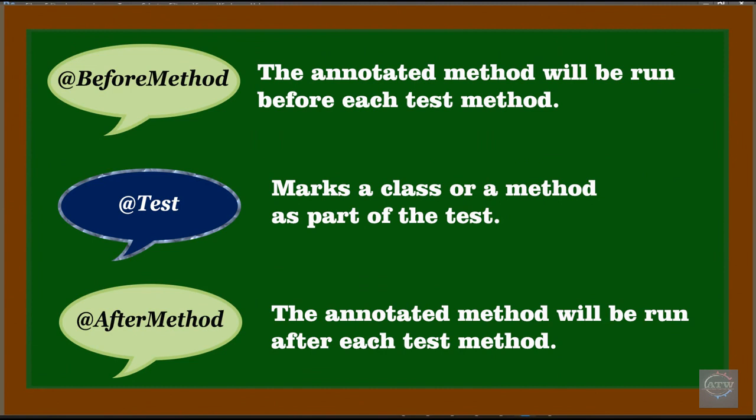Whatever is inside it, that's what I'm going to validate, and this will come as a result for you. And the sixth one is after method. This annotated method will be run after each test method. See, test is different, test method is different. So every at test method is completed, then the after method will start.